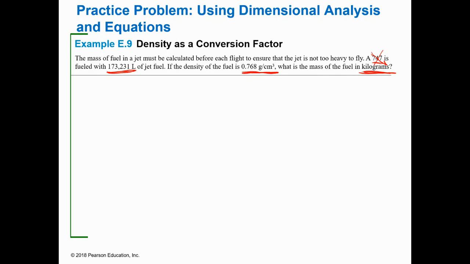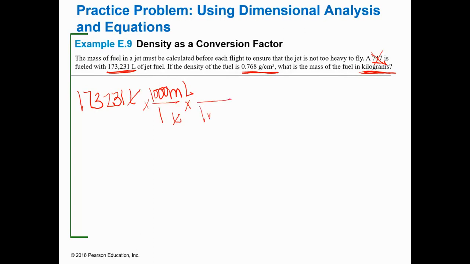Okay, so with these two givens, I need to choose which one I start with. And you always start with the one with 1 unit. So I'm going to start with 173,231 liters. That means liters has to go on bottom and milliliters will go on top.